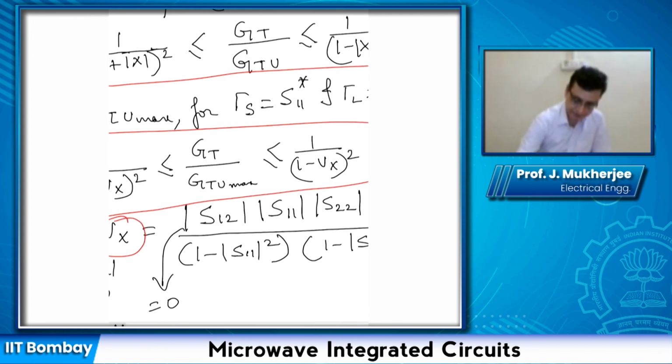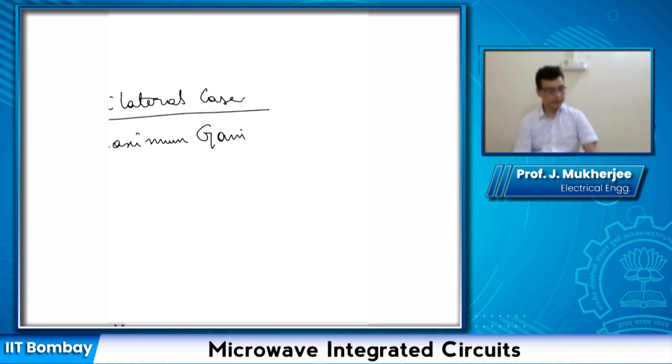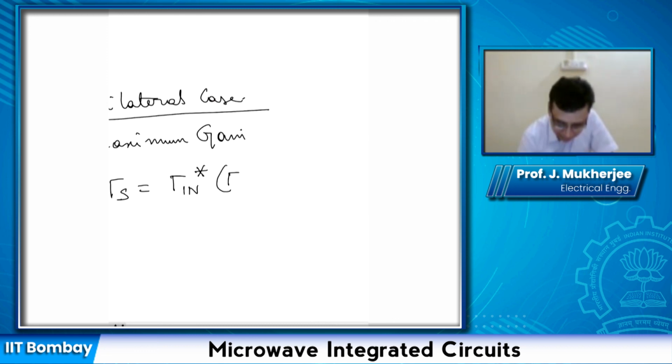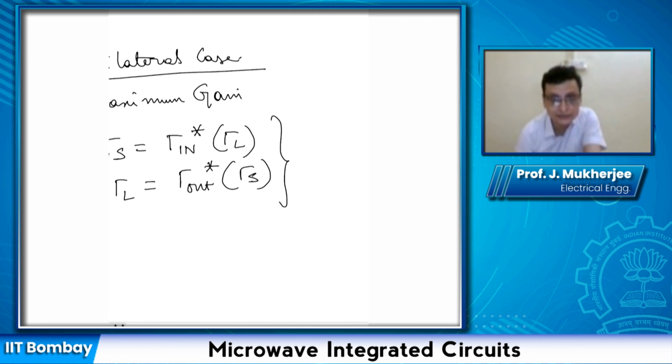So for the bilateral case, recall the condition that we have to satisfy, that is gamma S is equal to gamma in conjugate, and gamma in itself is a function of gamma L, and gamma L is equal to gamma out conjugate, and gamma out is a function of gamma S. Now this represents two linear equations, isn't it?